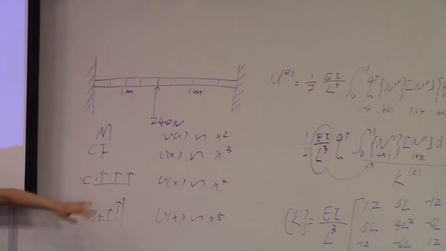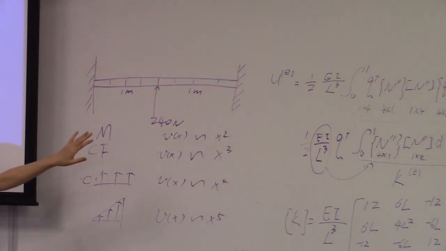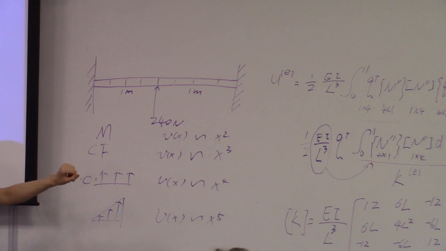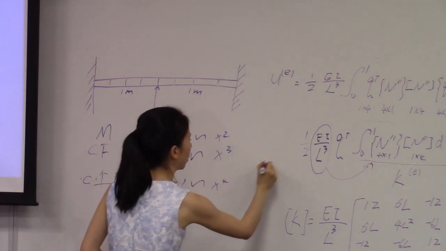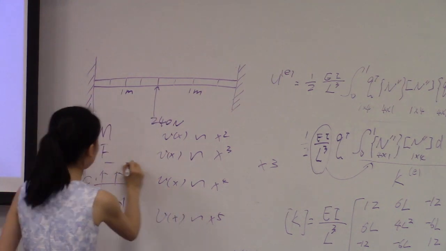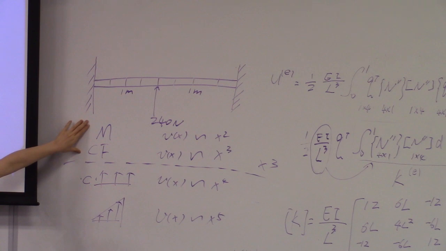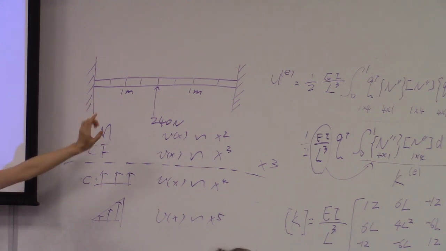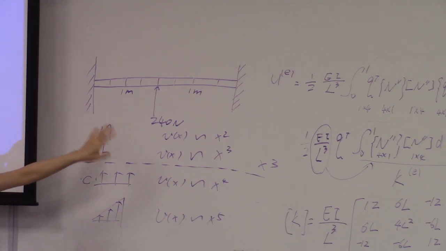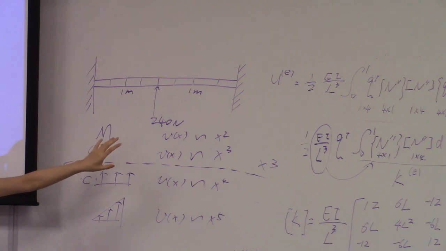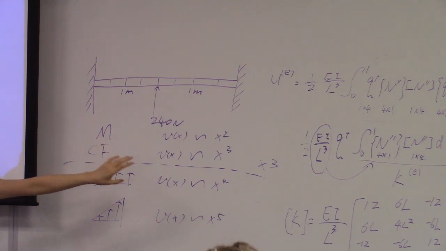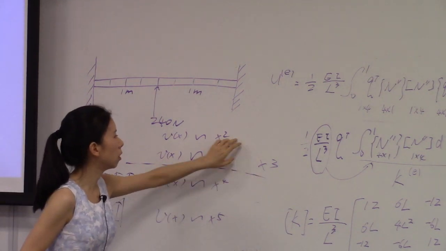Because in finite element we always use a cubic polynomial, for these 2 cases finite element can give you an accurate result even with 1 element, right? Because it has the capability to do this.